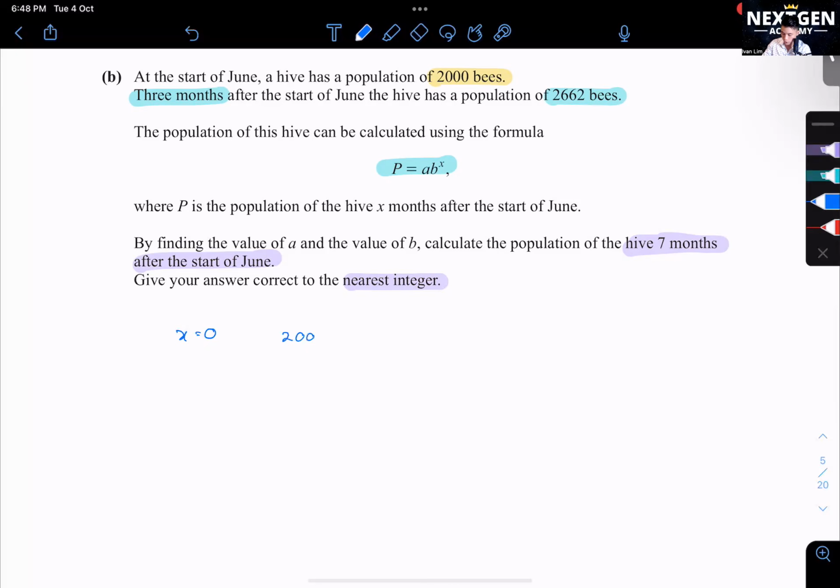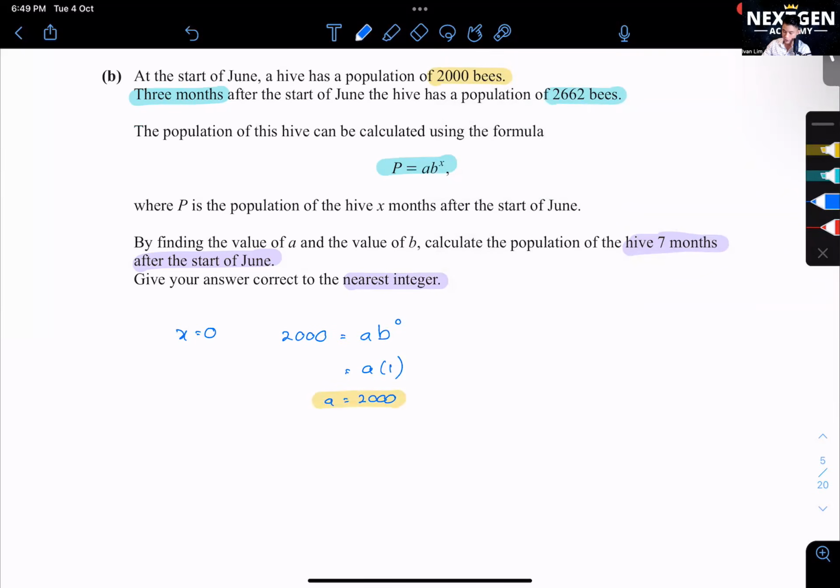So your P is 2000 equals AB to the power of 0. Anything to the power of 0 equals 1. Not 0, 1. So this will be A times 1. Therefore, your A will be equal to 2000. This will be the first mark.